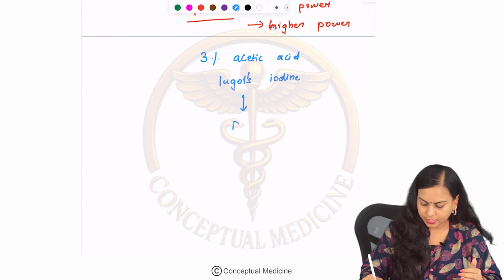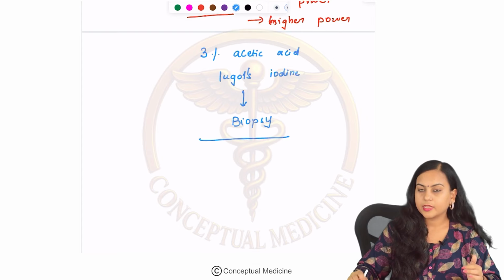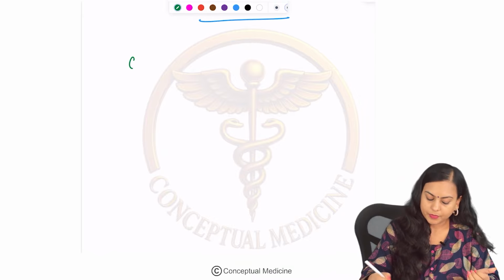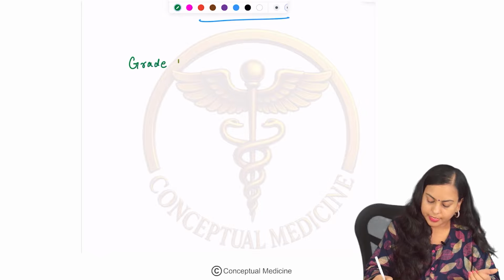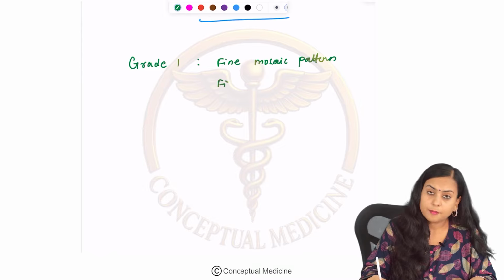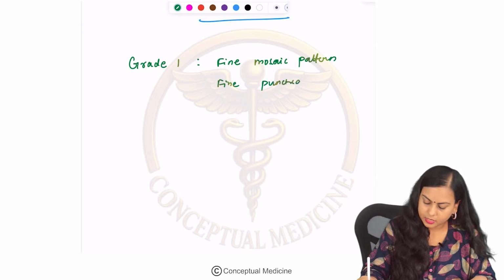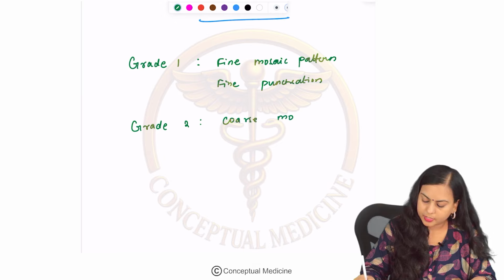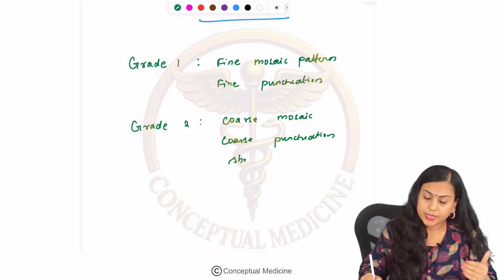Then a biopsy is taken. Many abnormal patterns can be seen with colposcopy. Grade 1 abnormal findings include fine mosaic pattern of vessels or fine punctation of vessels. Grade 2 abnormal lesions include coarse mosaic pattern or coarse punctation that have a sharp border.